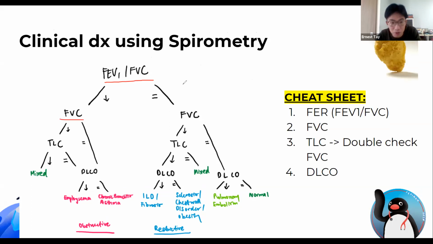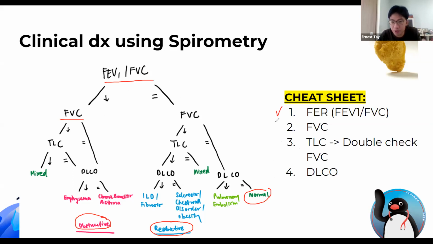And what I want to find out is, firstly, is my FEV and FVC ratio decreased? If it's decreased, then I'm thinking, okay, maybe it's more of an obstruction picture, right? But on the other hand, if it's not decreased, then it's more of a restrictive picture, or maybe your lung is really just normal, and there are no pathological changes.